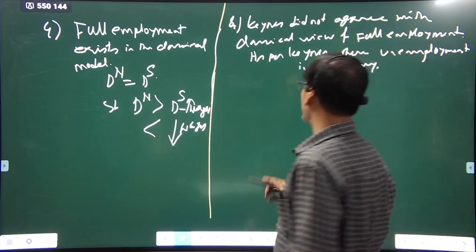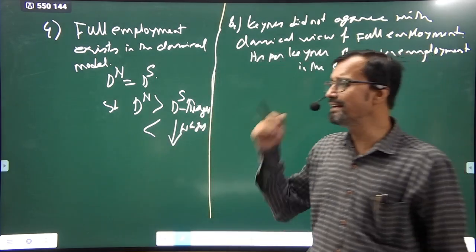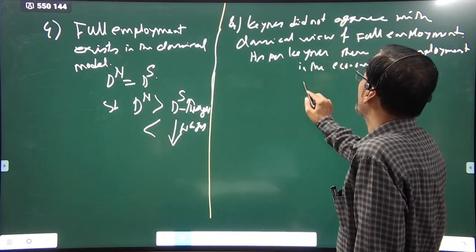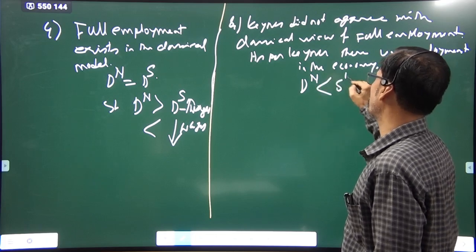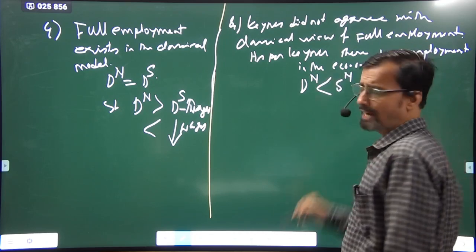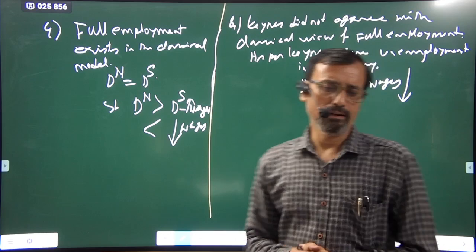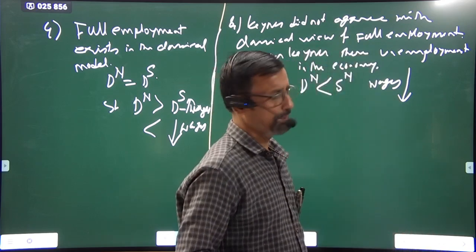Another argument presented by Keynes is that when demand for labor is less than supply of labor, wages cannot fall to the subsistence level.